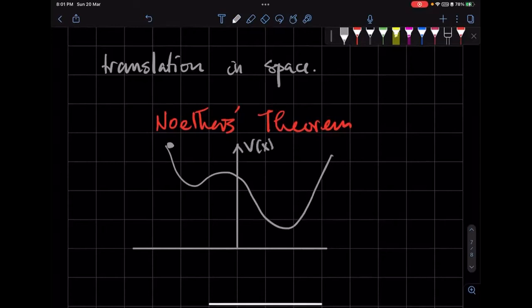Because of the potential, your system is not invariant under translation in space. Therefore your momentum is not going to be conserved, because there's going to be a force on the system, since the potential is changing with space. What we call force is nothing but the minus of the gradient of the potential.